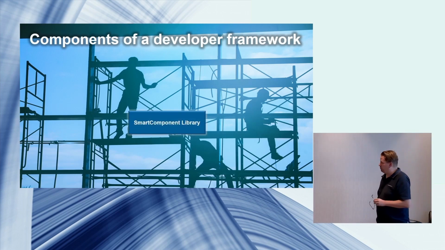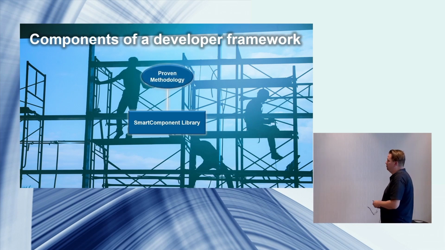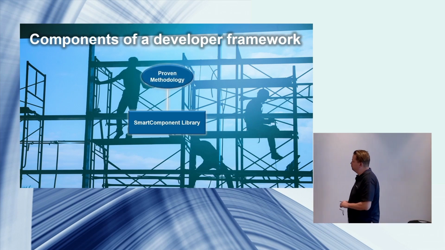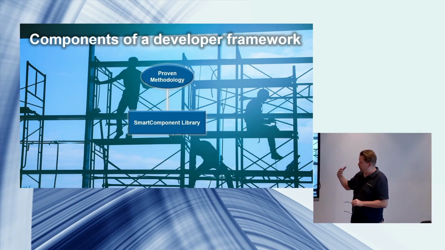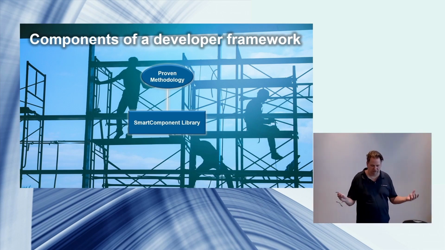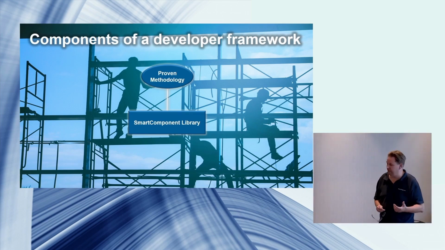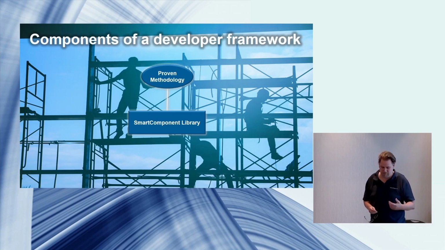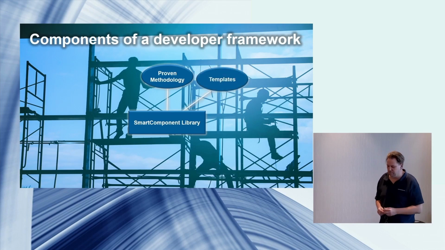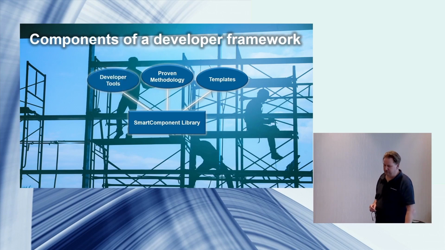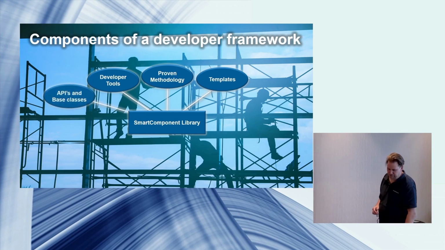If we look at a developer framework, there are many components and many vendors have a different interpretation of a developer framework. For me, a framework starts with a development methodology, so a recommendation how developers should write applications and, ideally, a proven methodology. And then we provide templates around that just speed up developers, and tools that may use the templates to actually build application components out of it.